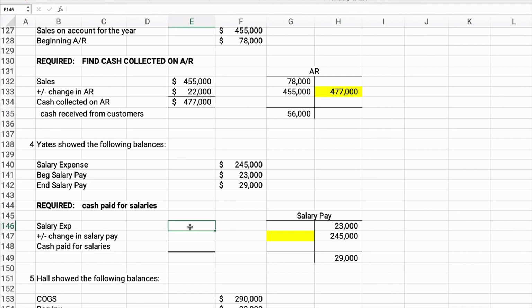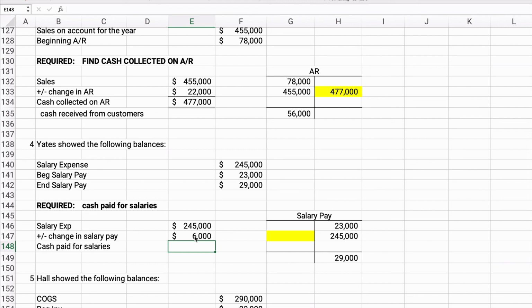The salary expense is 245, and we're going to add or subtract the change in salaries payable. All right, so the difference in salaries payable is from 23 up to 29,000. So 23 increasing to 29. So that 6,000, did that make our salaries payment go down, or did our salaries payment go less than, or did it increase over the 245?